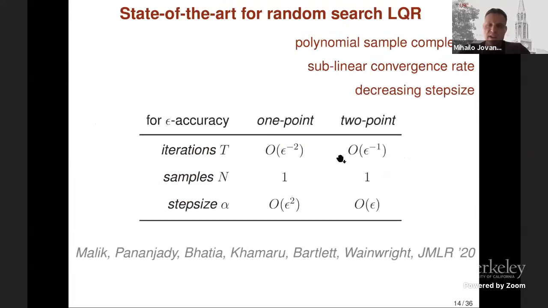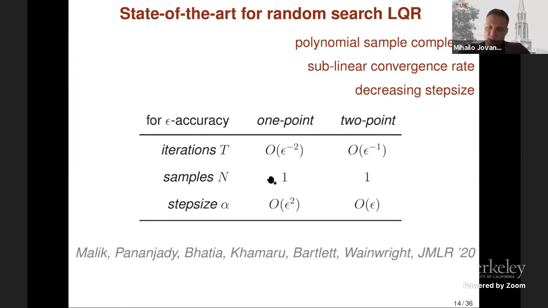So let me very briefly compare and contrast our results to the state of the art in the literature. And what I would like to highlight is an impressive paper by the UC Berkeley group, where they established sublinear convergence with polynomial sample complexity and decreasing step size using a single sample. And they clearly demonstrated advantages of 2-point schemes over 1-point gradient estimation schemes.